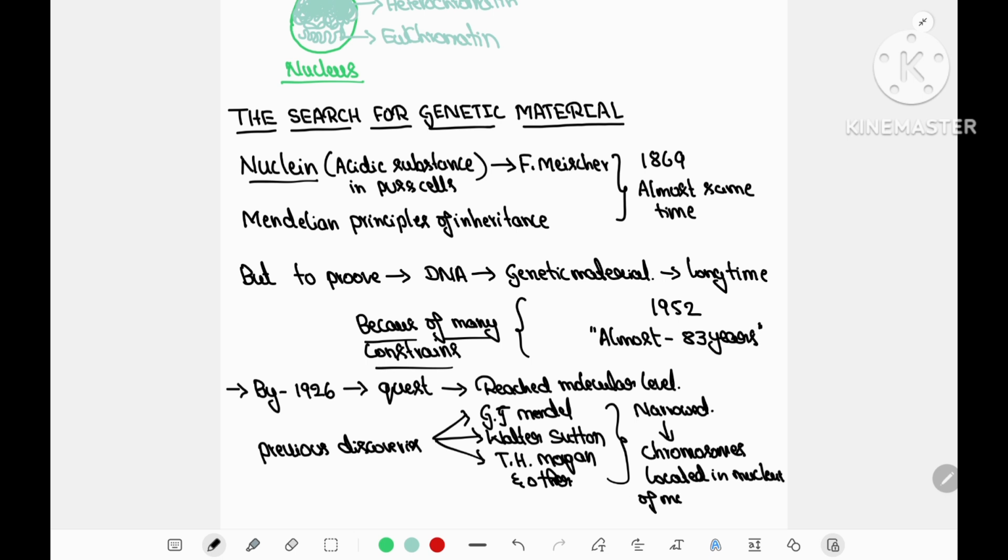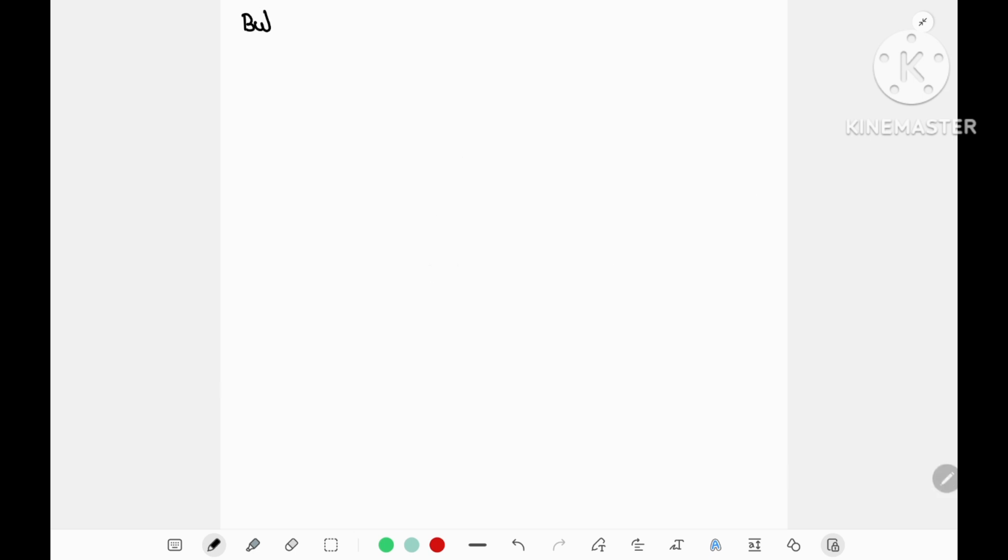These were very finely tuned experiments which narrowed the broad search for genetic material to the nucleus. The next discoveries started searching for the genetic material inside the nucleus.